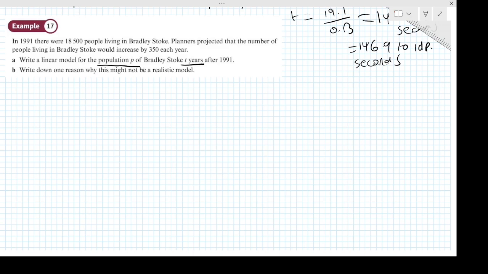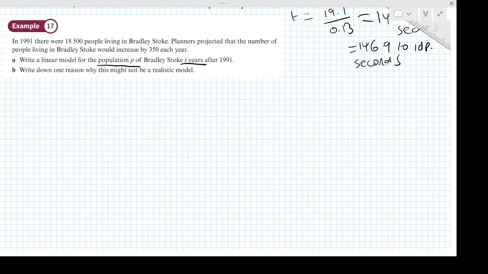So, P and T years, okay? That means P and T are my variables, but T is independent. It's like the X variable. And P will be in terms of T. P changes with T, right? As the time changes, the population changes. So, P will be in terms of T.